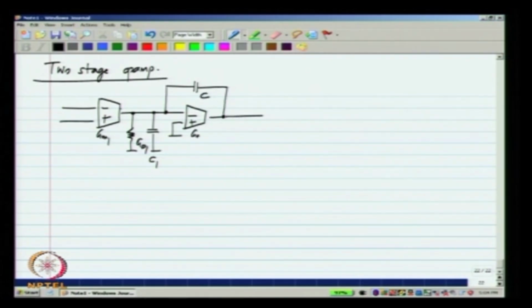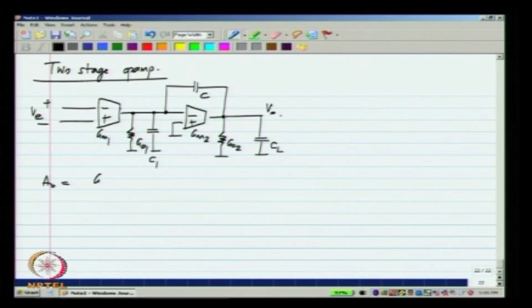And the second stage has a transconductance GM2, an output conductance GO2 and a total capacitance of CL, which can be due to the transconductance itself and any load that is applied to the op amp, and there is a capacitance C which is around the second stage, and this is the integrating capacitor, that is the current from GM1 is supposed to pass through this and give the integrating function with a unity gain frequency of GM1 divided by C. And we also evaluated the expression for poles and zeros of this one.